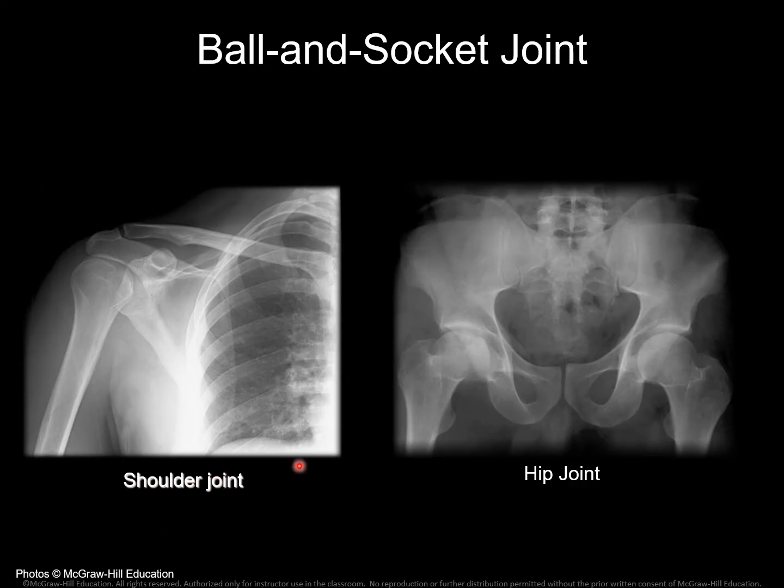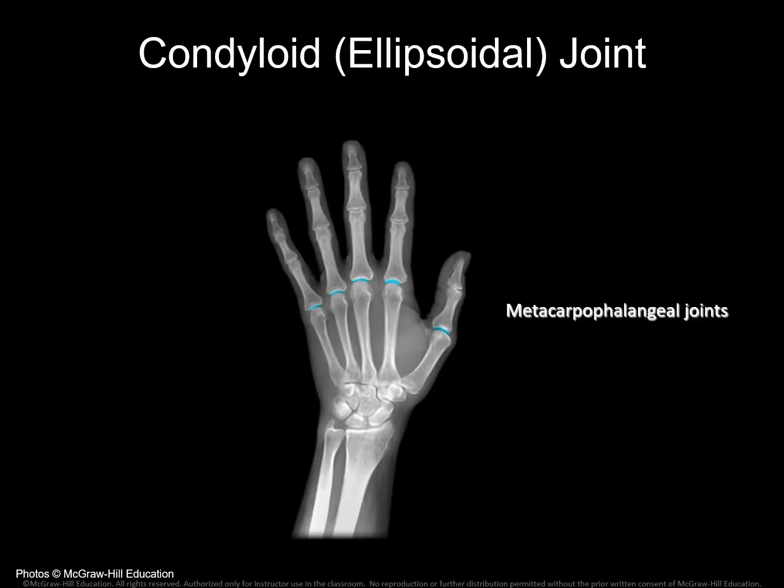Here's a ball and socket joint. We have our head of humerus joining with glenoid fossa, and our hip joint, head of femur joining with the acetabulum. Condyloid, or condylar.